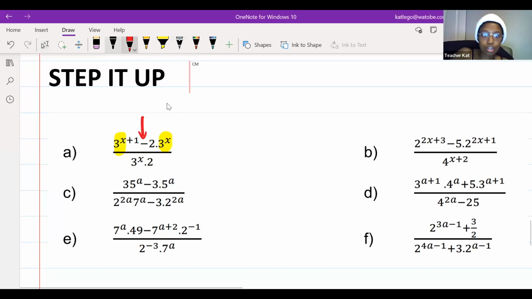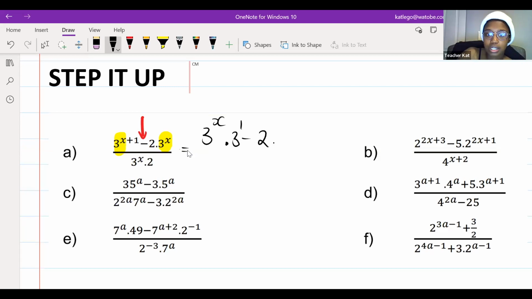We have 2 terms. So we want to factor out this 3 to the power of x. Remember what we said? Any exponents that are added, we split them up. So you say 3 to the power of x times 3 to the power of 1 minus 2 times 3 to the power of x, all over 3 to the power of x times 2.